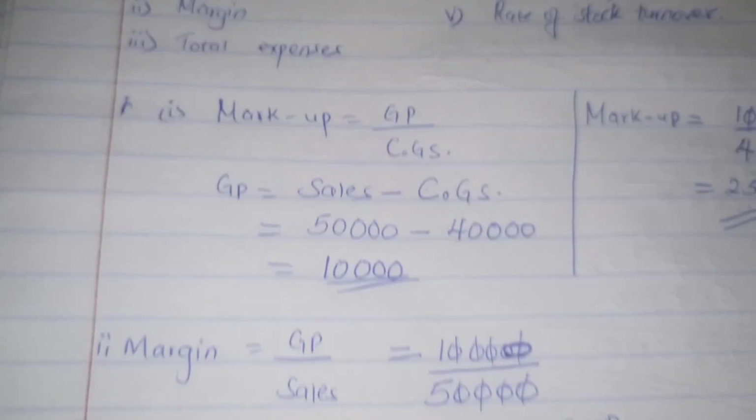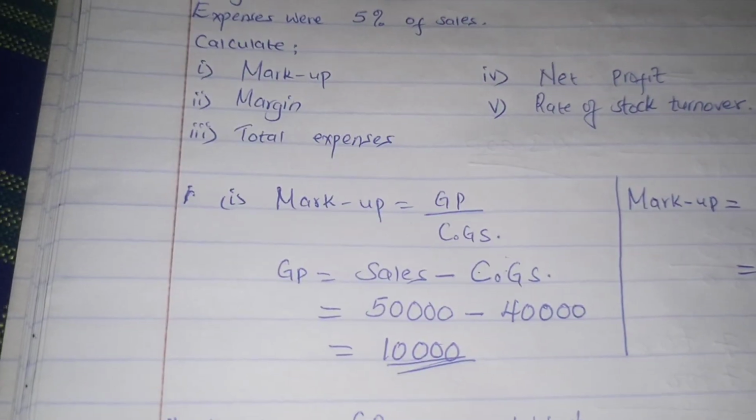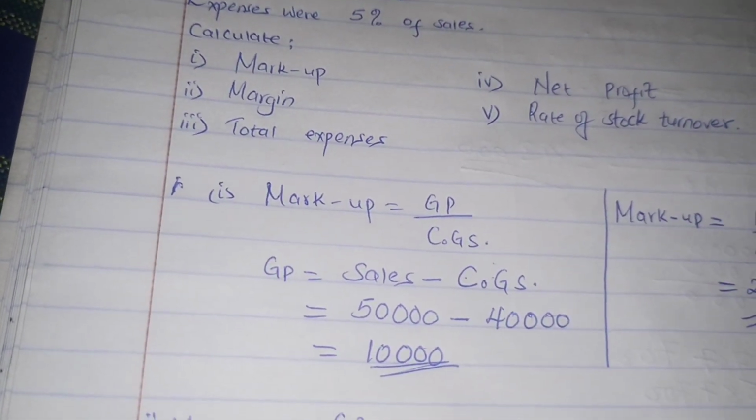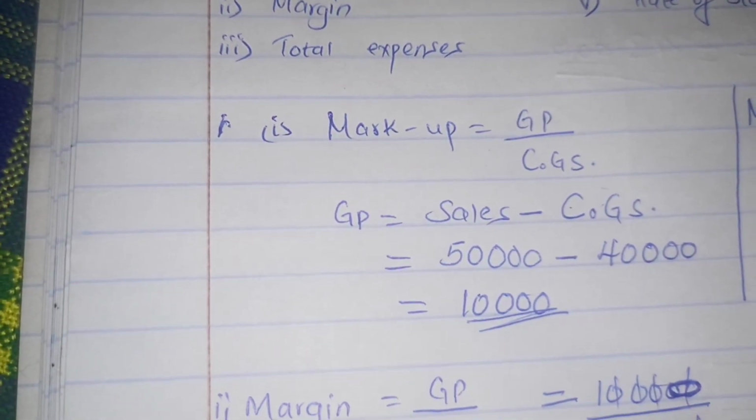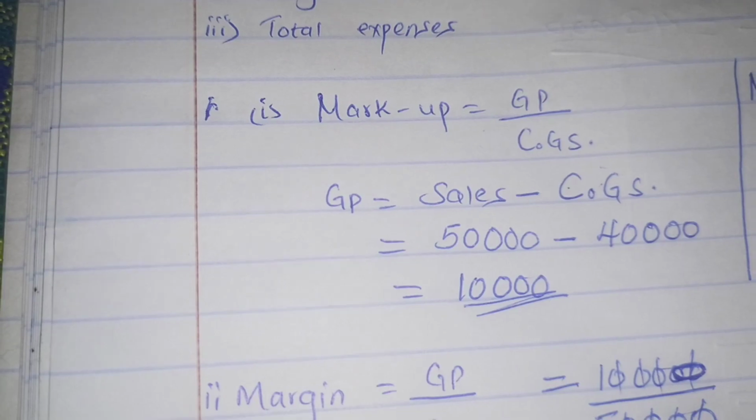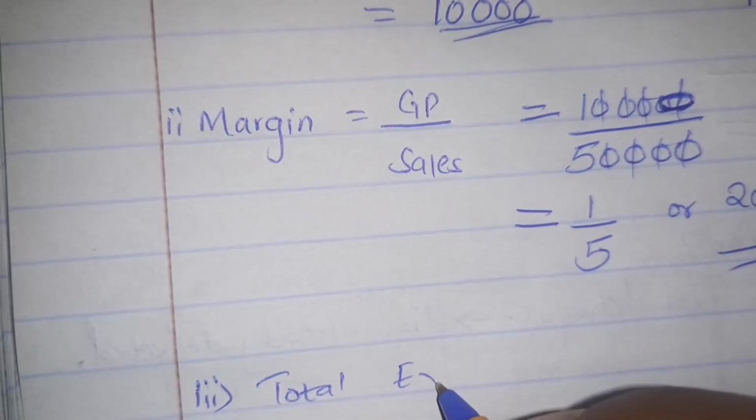The next ratio we are supposed to get is the total expenses.